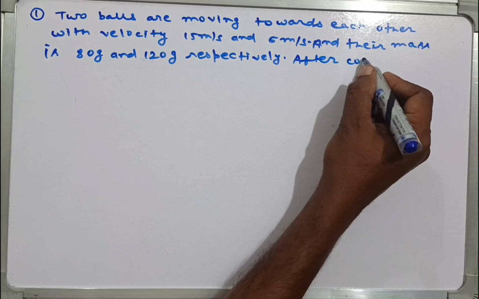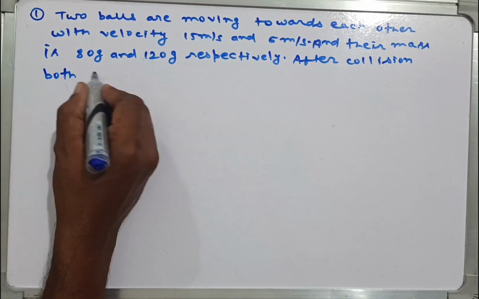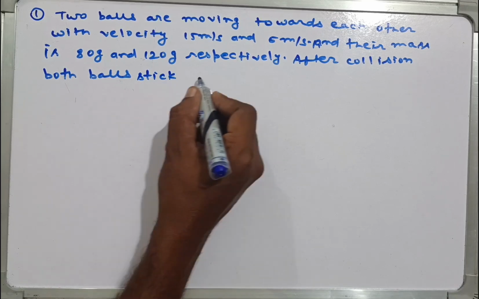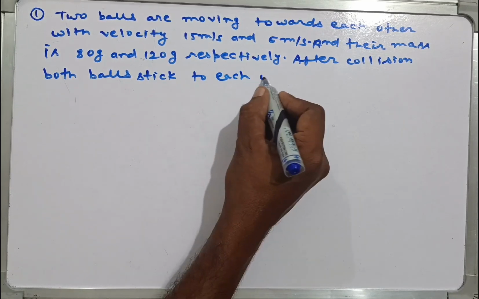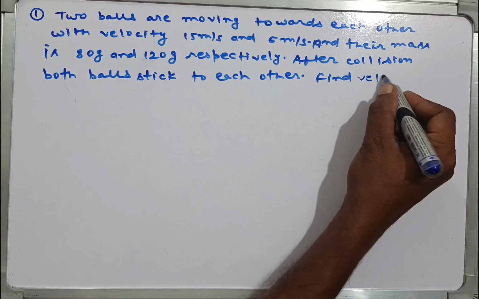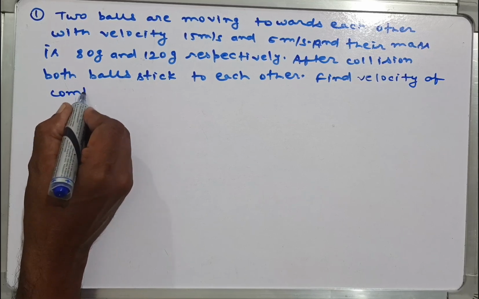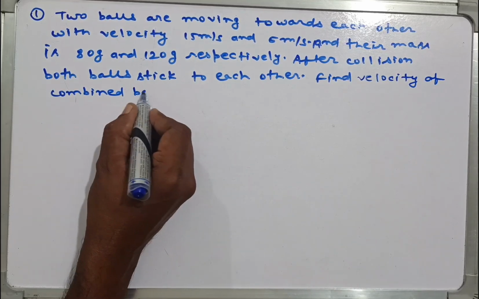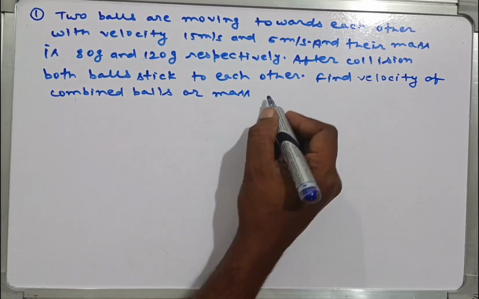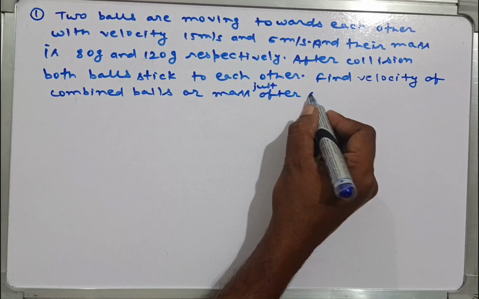After collision, both balls stick to each other. Find the velocity of the combined mass just after collision.